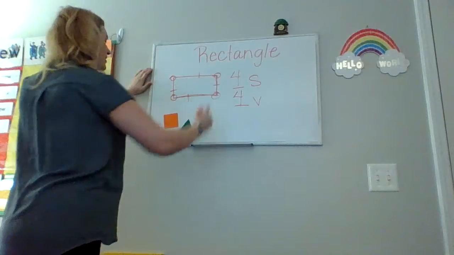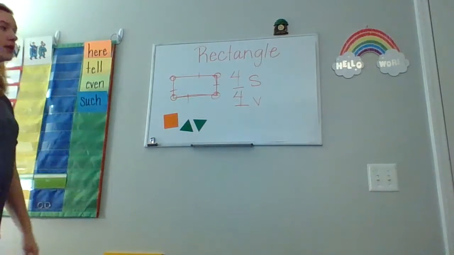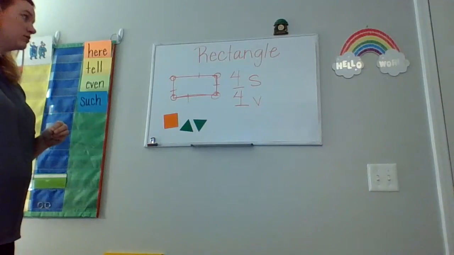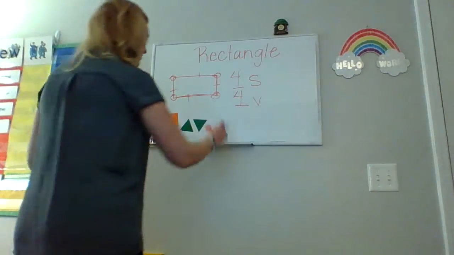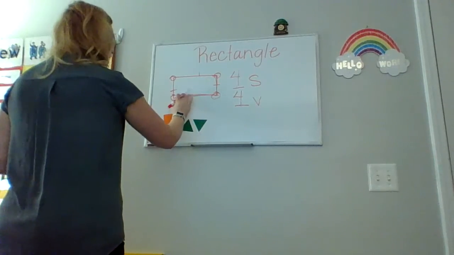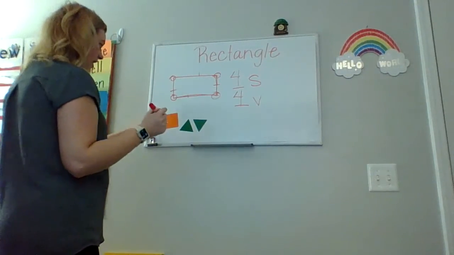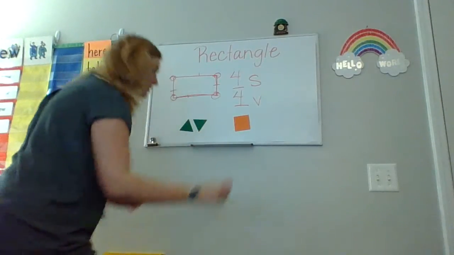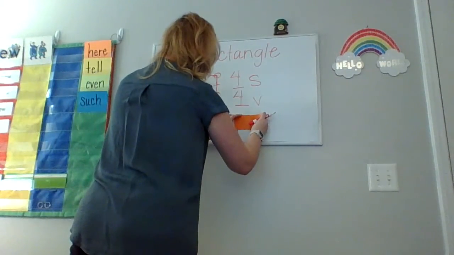4 vertices. Right. Now, looking here at my rectangle, I could technically make a rectangle by using 2 squares.